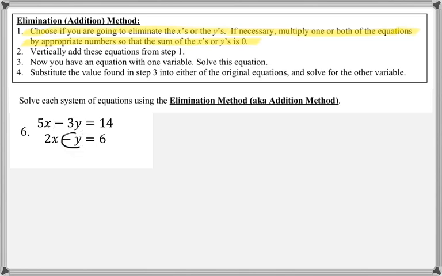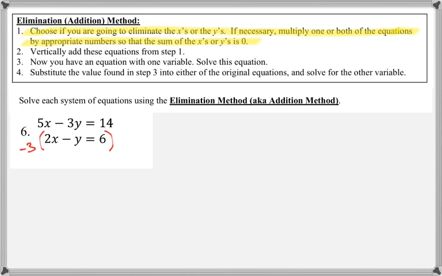So to turn a negative y into a positive 3y, I would need to multiply by a negative 3. But I can't just multiply one term by a number. I actually need to multiply the entire equation by that number. So I'm going to multiply the entire bottom equation by negative 3, specifically because I'm trying to turn this negative y into a positive 3y.